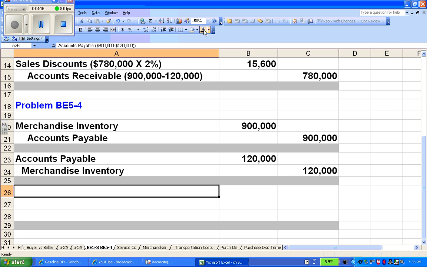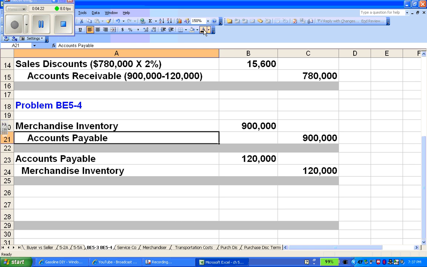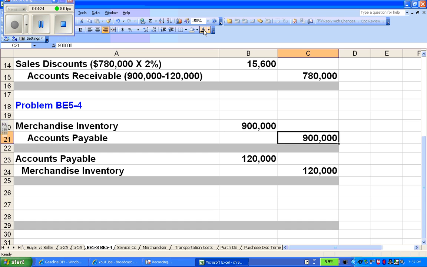So let's take this a step at a time. Let's see first, what do we owe Monroe Company? Let's look at our accounts payable. We originally owed them 900,000. We're going to reduce that by the items we returned, 120,000. So our accounts payable is only 780,000. That's what we owe Monroe Company. So let me debit that.